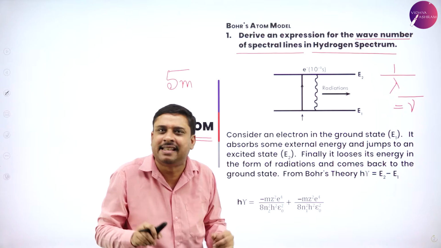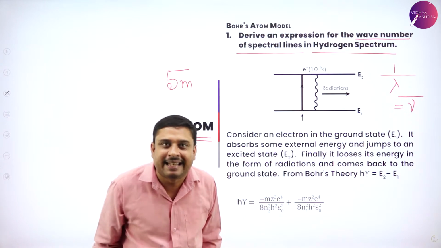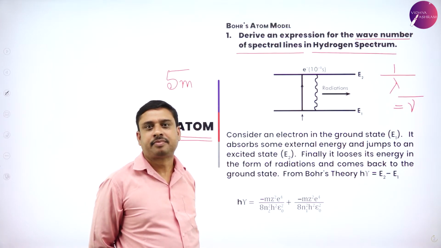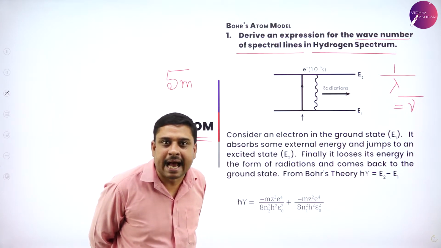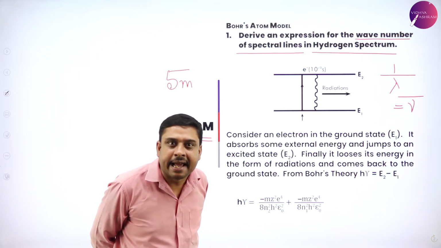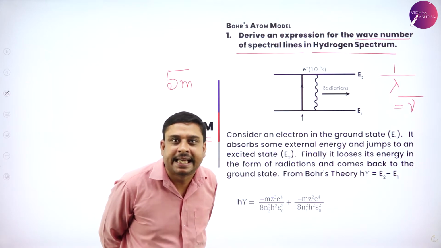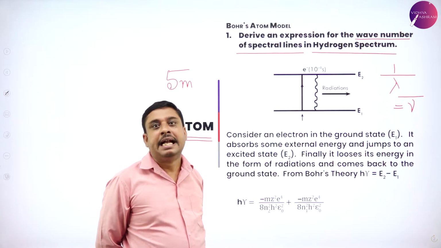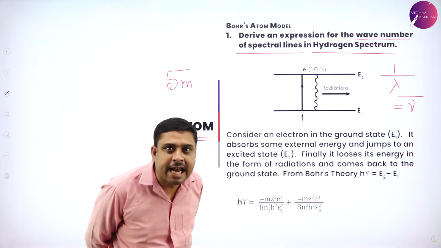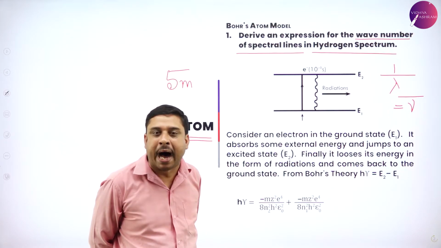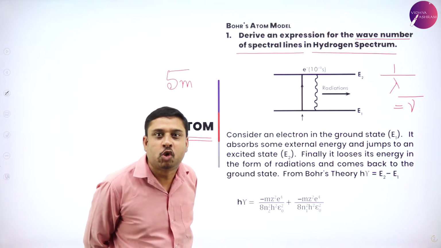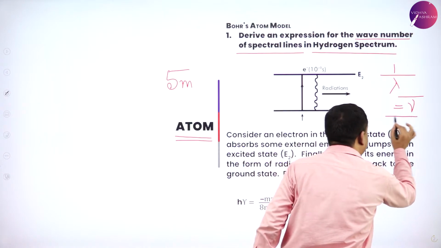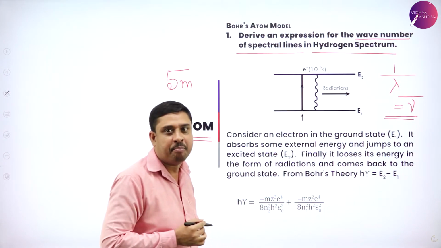No prime physics in it, no quantum physics in it. In simple terms, a spectral line indicates the transition of electrons from one energy level to another.